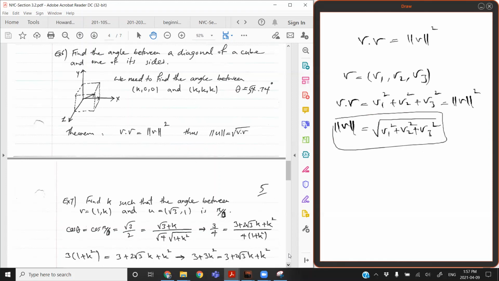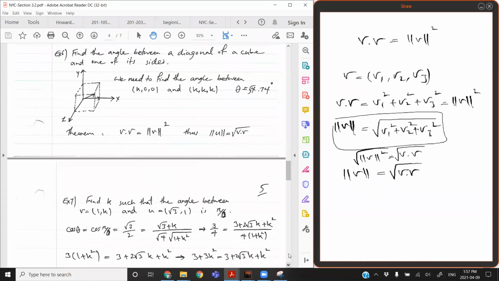So if I have norm of v, I can write that as square root of v times v, because again, since norm of v squared is v dot v, if I take the square root on both sides, I get norm of v equals square root of v dot v.